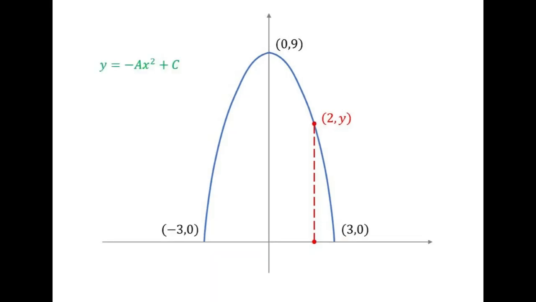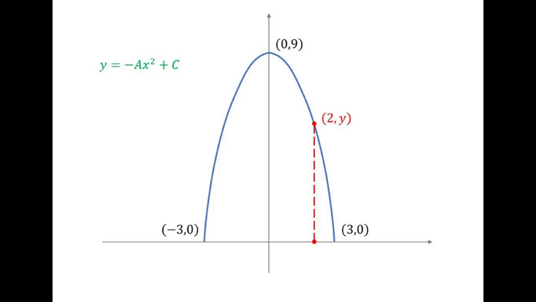I can name this parabola with this equation. Why? Well, it's flipped over. It may not be exactly the same width as a normal parabola is, and it's 9 units up, clearly.